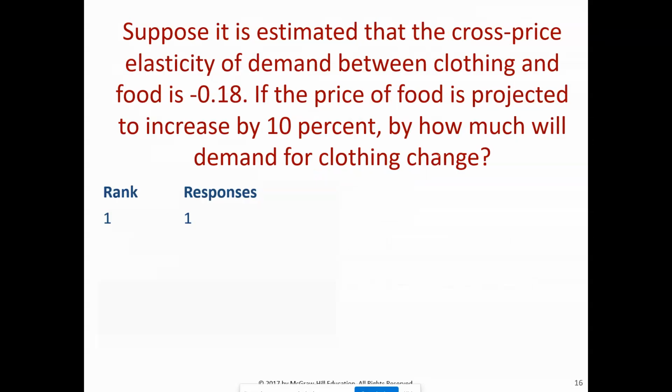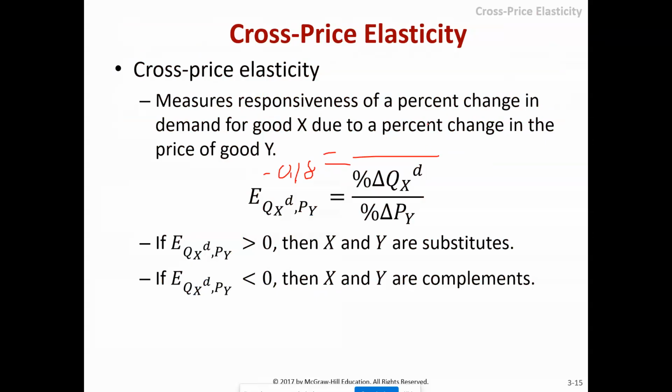Price increase for food by 10%. So the denominator is a positive 10%. And now I ask you, how does the quantity change in percentage?